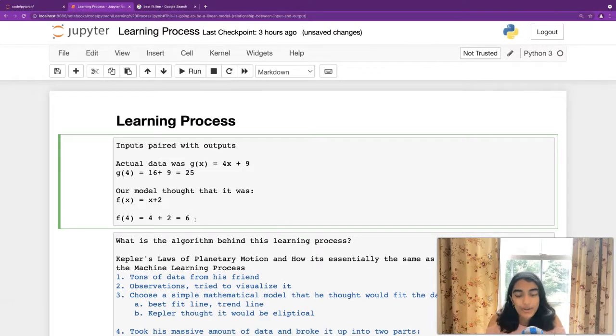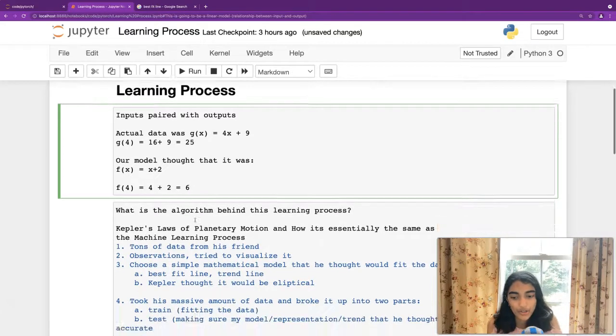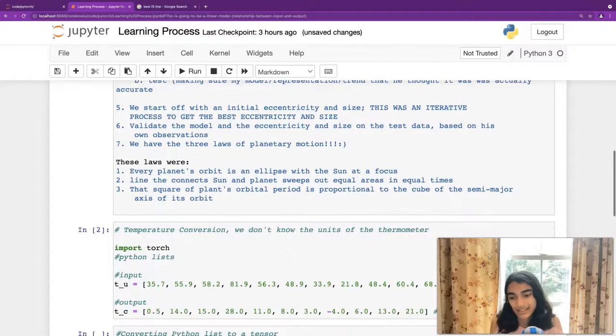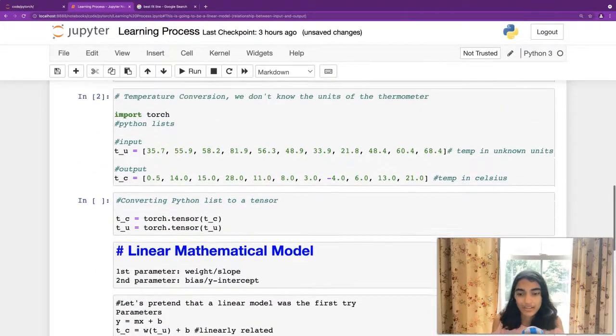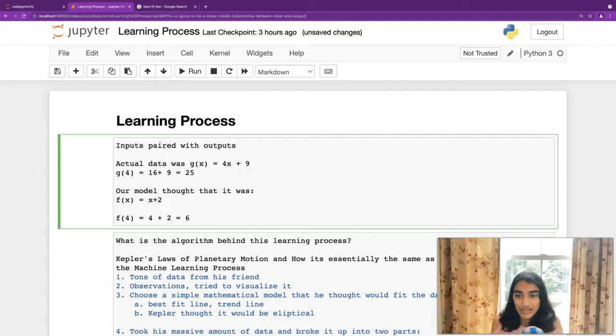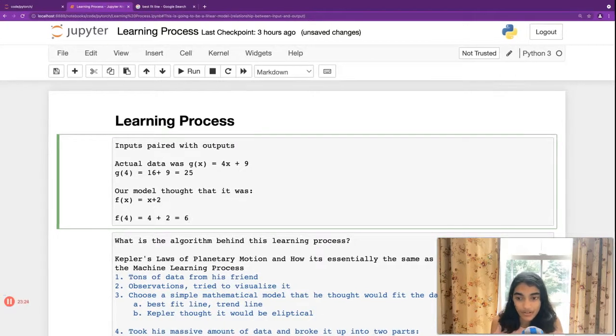And the model knows that. Okay, that's what I mean by the model getting familiar with the data. How does the model know that it's wrong? How does the model know that, hey, x plus 2, even though that was our initial assumption and we're expecting it to be wrong, now we know how wrong it is. Okay? X plus 2 is very wrong.